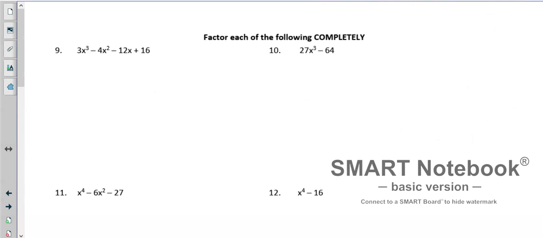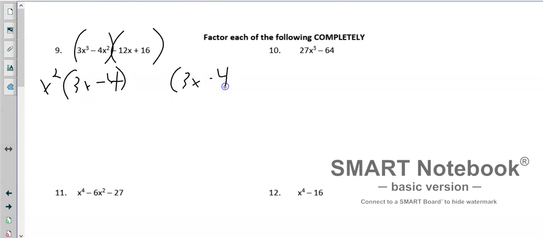All right, factor completely. There's 4 terms. So we factor by grouping. There's nothing to take out of 3 and 4, but we can take out an x squared. That leaves 3x minus 4. I can immediately come over here and write 3x minus 4. Now, negative 12 divided by what will give me 3x?